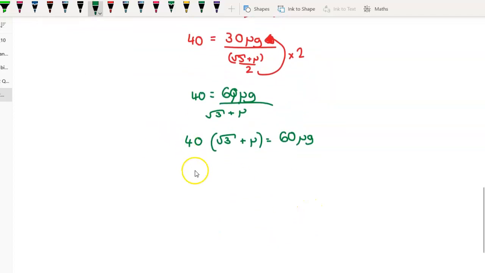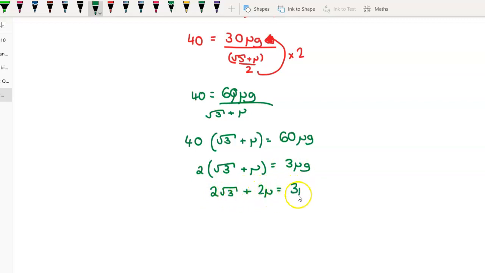Okay, let's divide everything by 10, 20, 10, 20. So that will give us 2 times root 3 plus mu equals 3 mu g. So 2 root 3 plus 2 mu equals 3 mu g. Moving that onto the other side gives you 2 root 3 equals 3 mu g minus 2 mu.